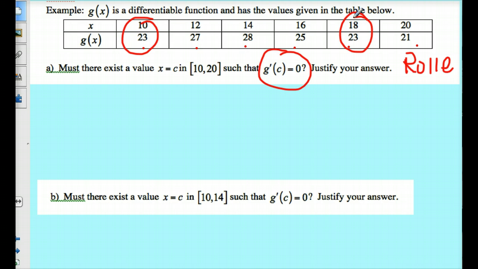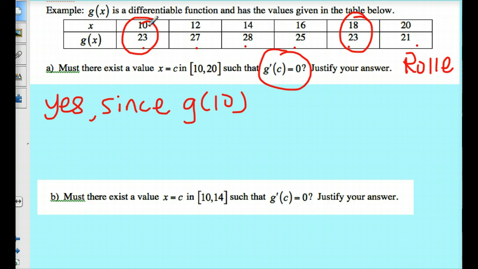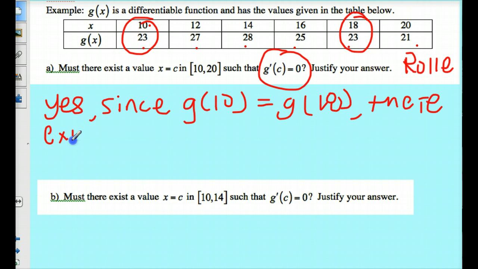Since this is true, we can say yes, since g of 10, because that's when I plugged in x, is equal to g of 18, there exists at least one c.